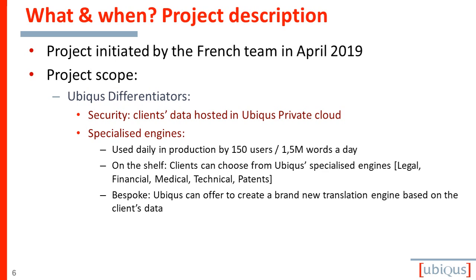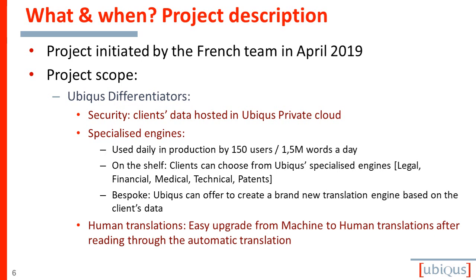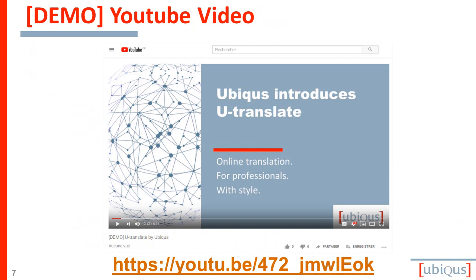And also what we will bring to the market is this brand new offer, which is to develop bespoke engines, meaning that Ubiqus can offer to create a brand new translation engine based on the client's data. And finally, being an LSP, Ubiqus has more to offer than just machine translation, and with uTranslate we offer an easy upgrade from machine to human translation after reading through the automatic translation.